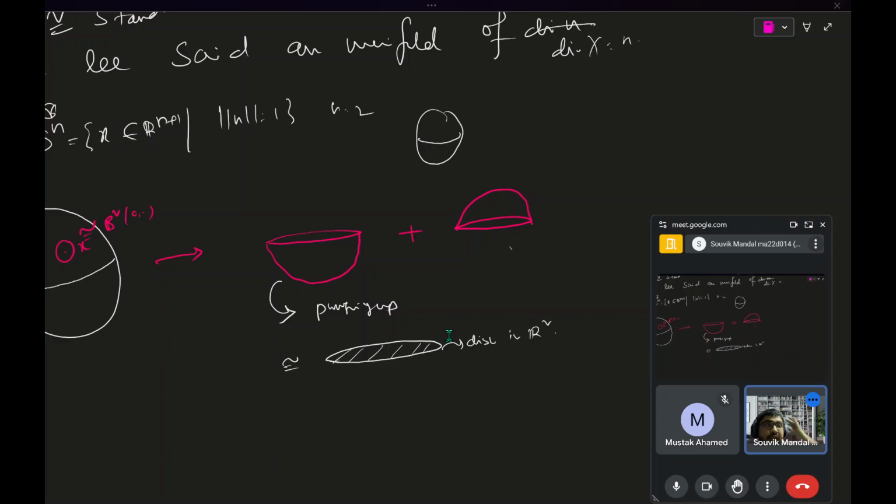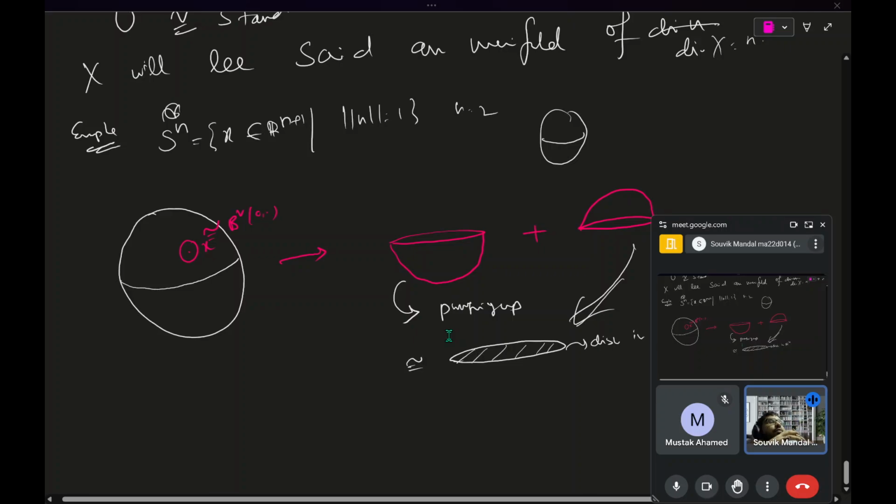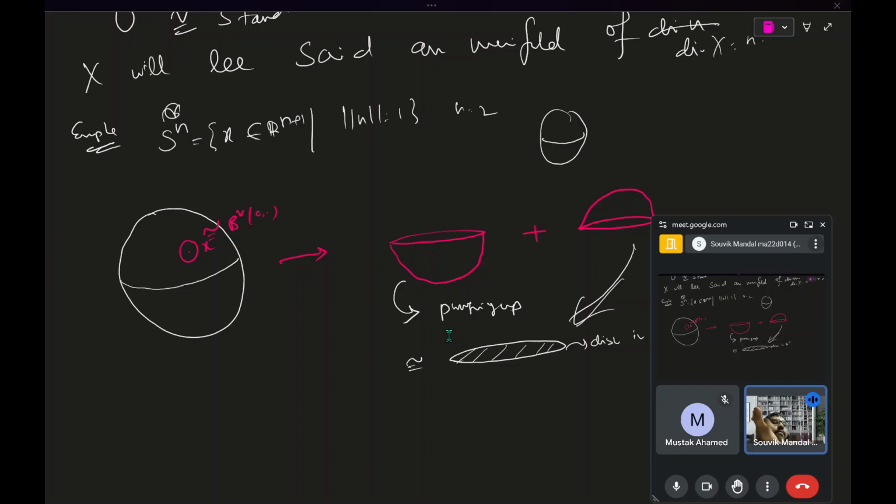So if we consider the sphere, each hemisphere can be thought of as homeomorphic to a standard disk in R^3. Now if we consider the open portion of it, then that will be homeomorphic to an open ball. Okay, so that is the argument.